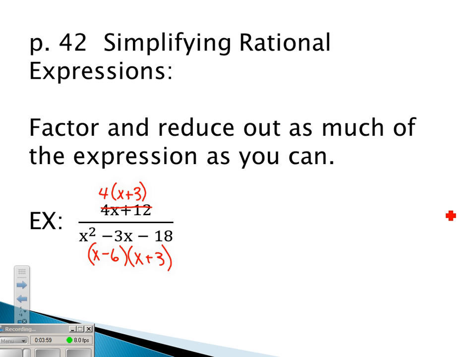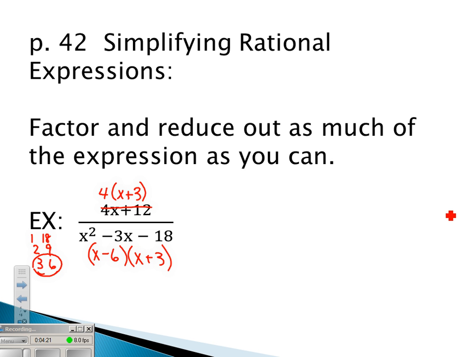And that way it makes it a little bit easier to see what's going to give you that negative 3x in the middle. So for example, we know that 1 and 18, 2 and 9, and 3 and 6 make 18. Those two are 3 apart, so that gives me a pretty good idea of which numbers I'm going to have to work with. Then it's just down to figuring out where the negatives and positives go.